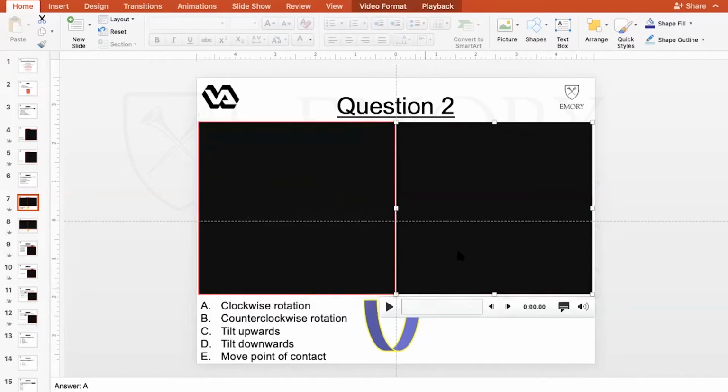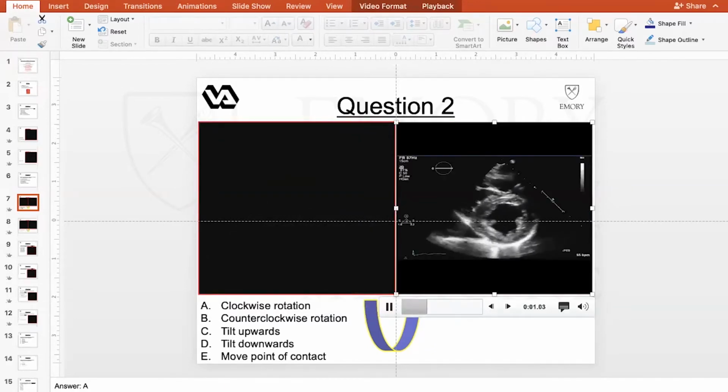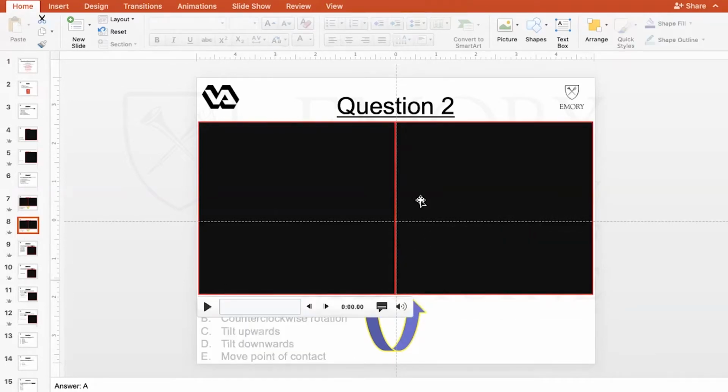That's the first image, and this is the second image. It is a clockwise rotation. That's correct. So you're going from a parasternal long axis view to a parasternal short axis view, and so what you need to do is a clockwise rotation. Errol remembers. Excellent. Good job.